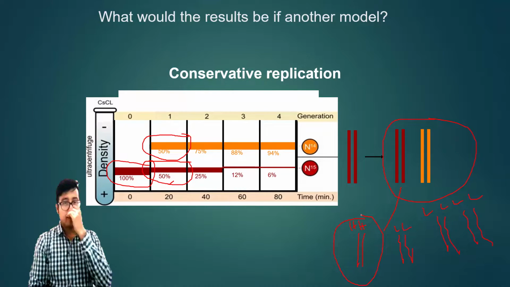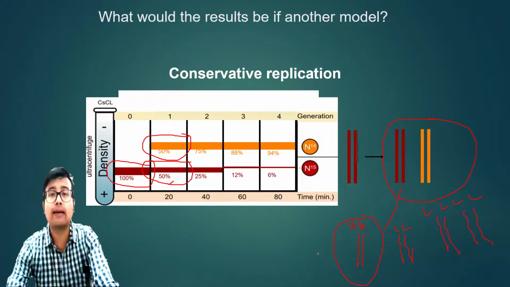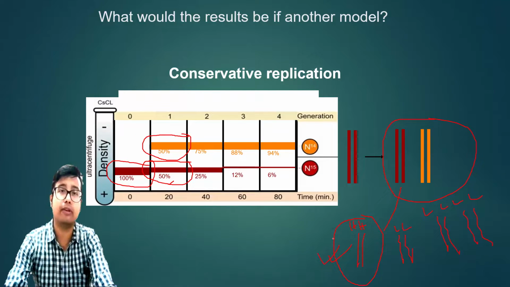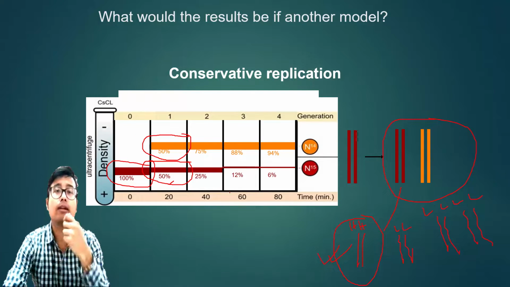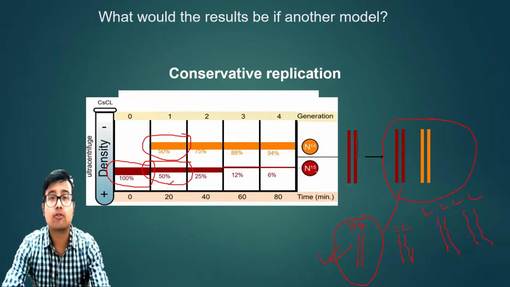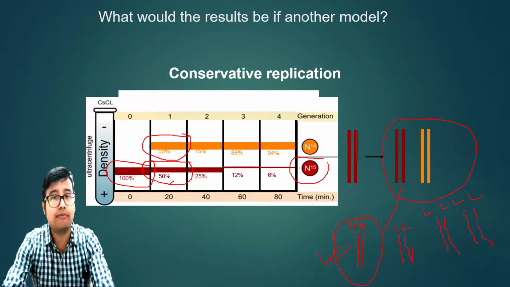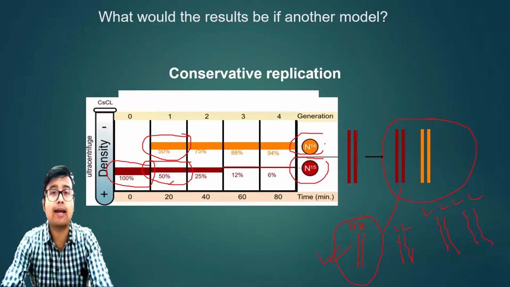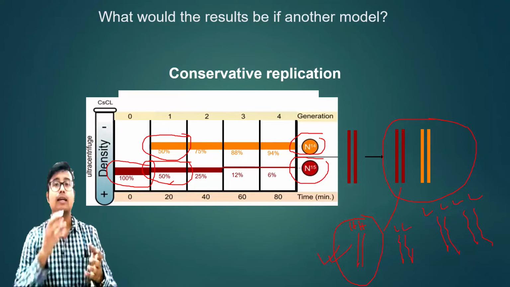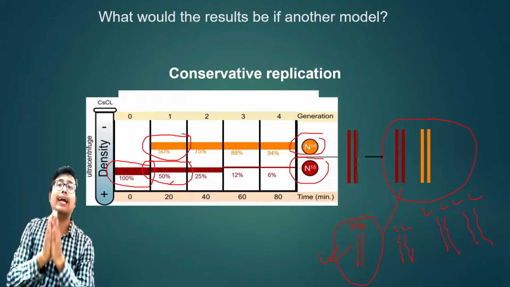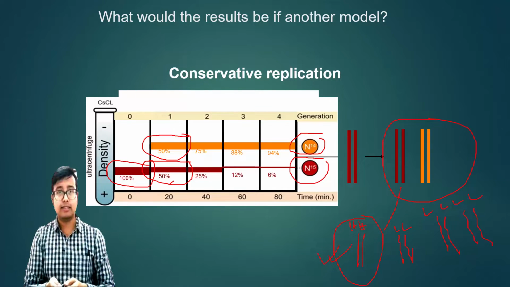You get my point? Because one parent strand will always remain heavy and the new daughter strands will continue to rise in number. So we should have got one heavy band at N15, and as the generations increase, the amount of band at the light N14 region will increase.